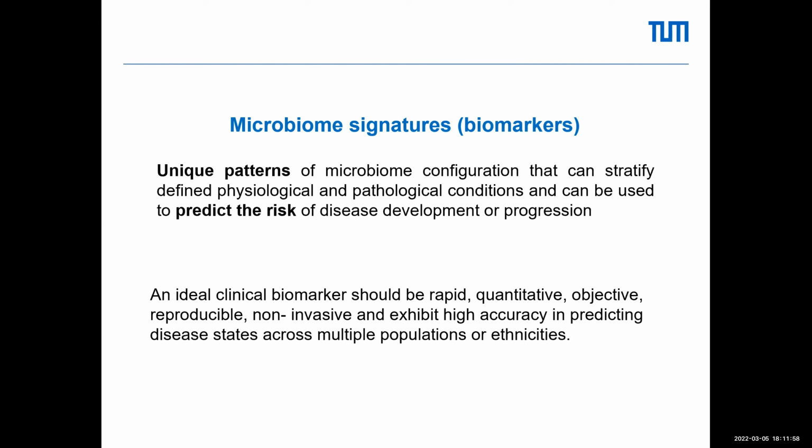And these signatures or biomarkers should be able to stratify defined physiological or pathological conditions, and they should be used to predict the risk of disease development or progression, or should be capable of doing that at least.